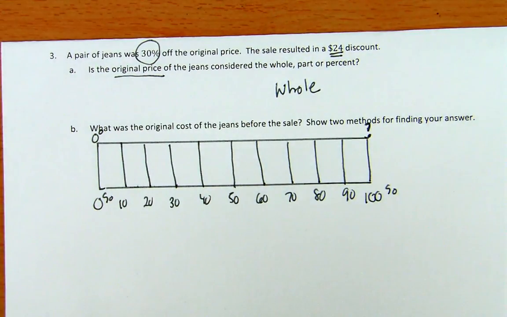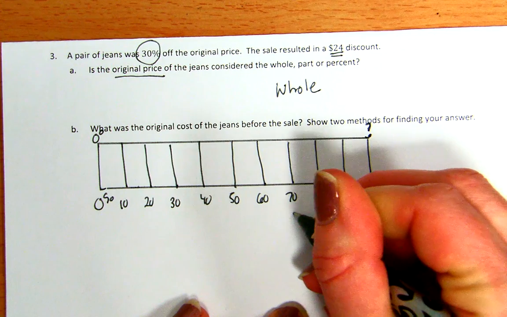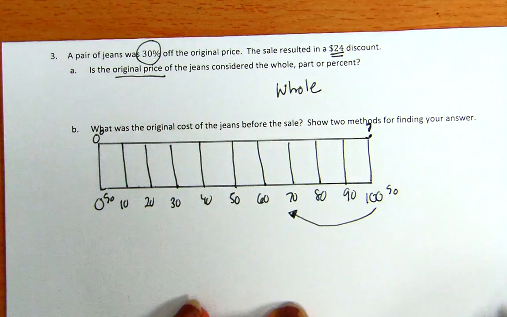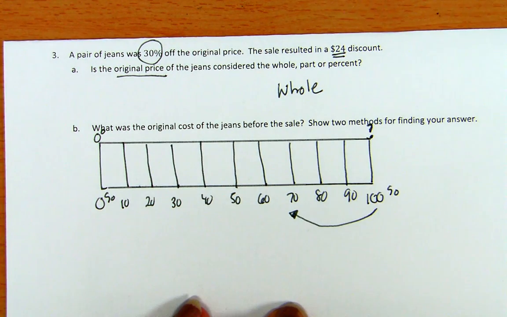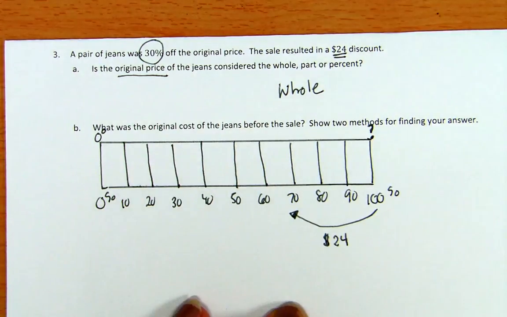So a pair of jeans was 30% off the original price. Okay. And this was a $24 discount. So 30% off, right, going from 100% to 70% is 30%, and this was equivalent to $24, okay?